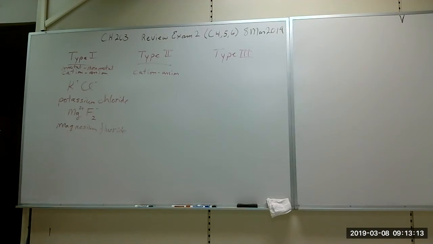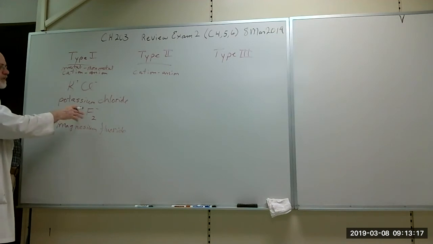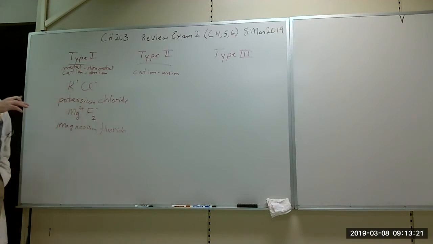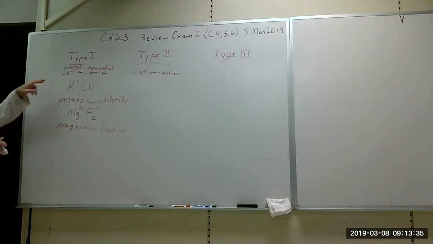The other possibility is one or both of the components of the binary might be polyatomic. So that's why I gave you that handout with all the polyatomic ions on it. For instance, I'll just do one where both of them are polyatomic.